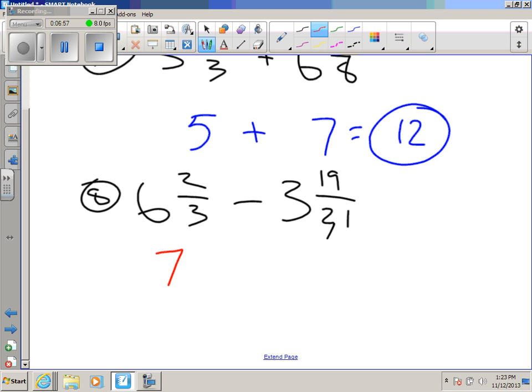Just by a little bit, but it's still big enough to change it. Now here, is 19 over 31 half or larger? What's half of 31? Granted, what's half of 30 and half of 32? Half of 30? 15. Half of 32? 16. So technically half is 15.5. How does the 19 fit with that? Definitely larger, so we round that to 4, and the answer equals 3.